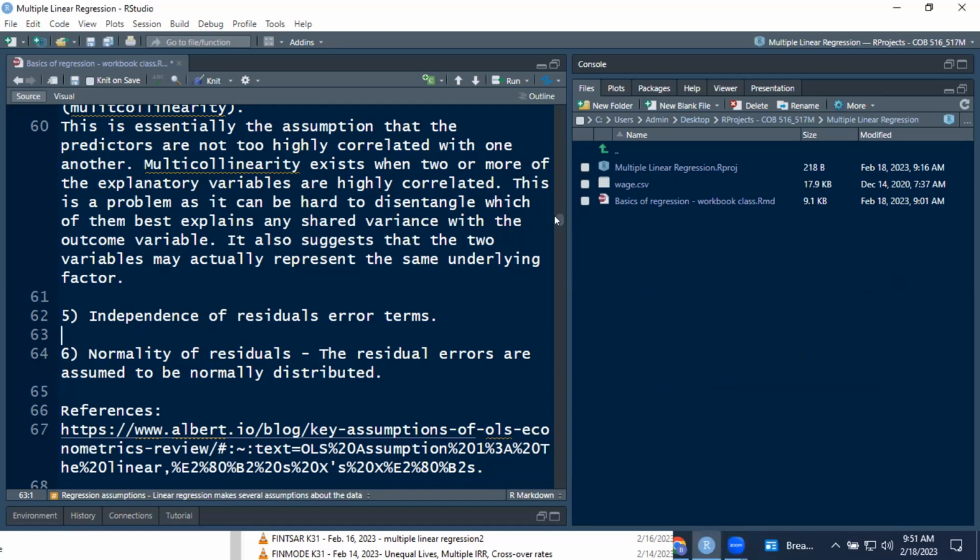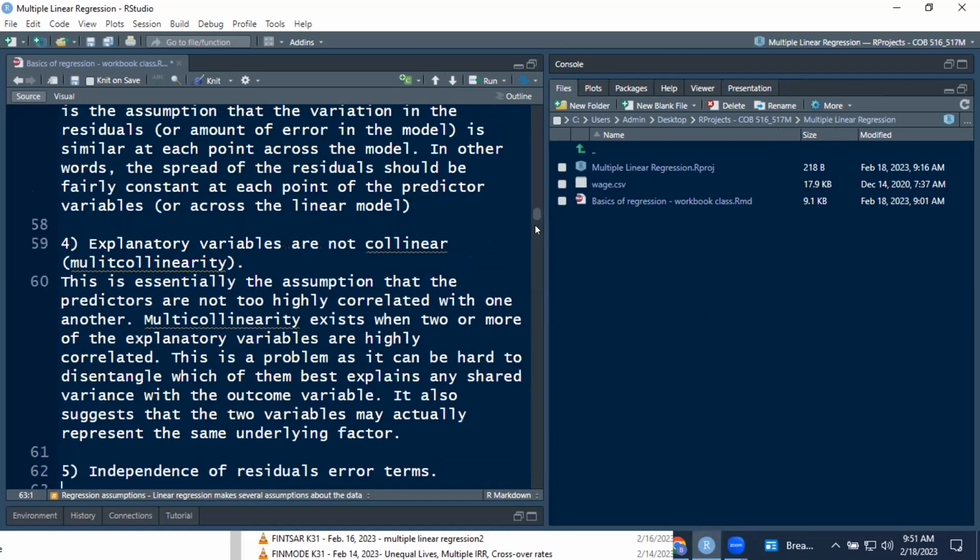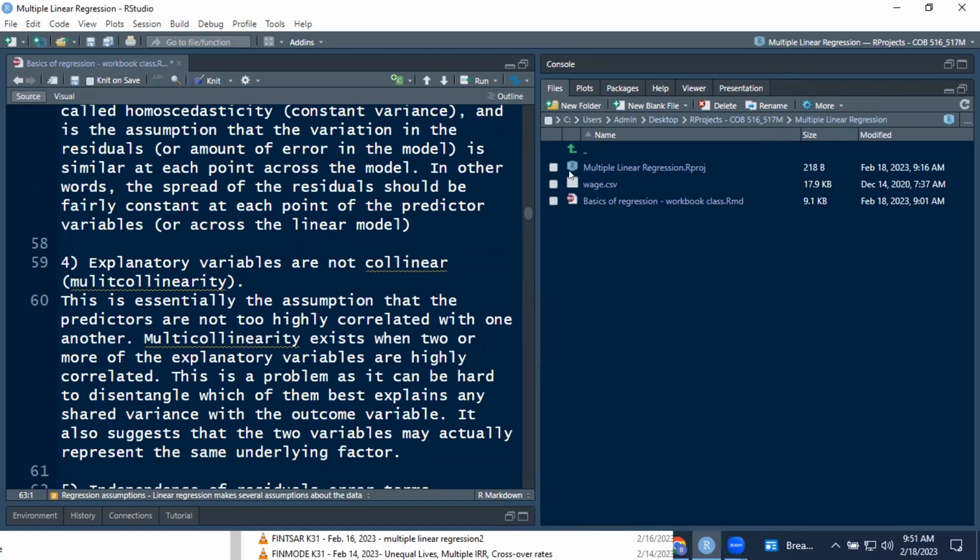Okay? And also there's this last one. Explanatory variables are not collinear. Okay, let me explain that carefully. We want that X and Y, gusto natin correlated sila.